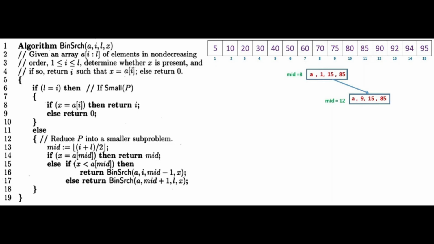So pass A, I is 9, mid minus 1 is 11, and 85. Array name A, I 9, mid minus 1 11 and 85 go to the next recursive call as parameters. In the tree structure we go through the left subtree.